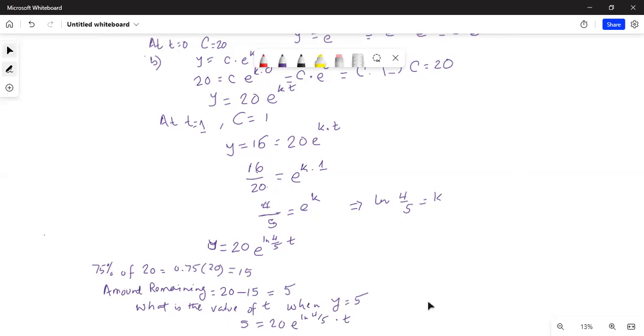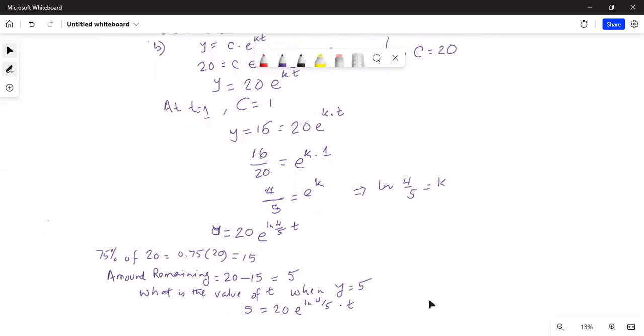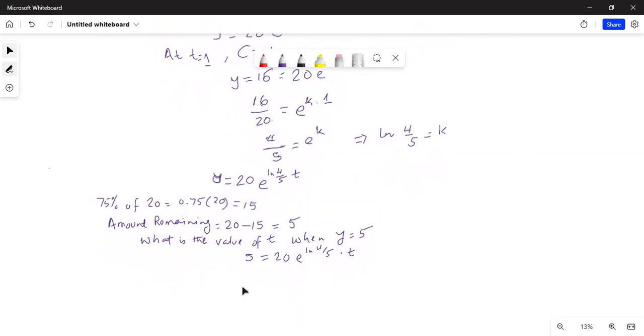So much like before, we'll divide both sides by 20. We get 5 over 20 is equal to e^(ln 4/5 times t).